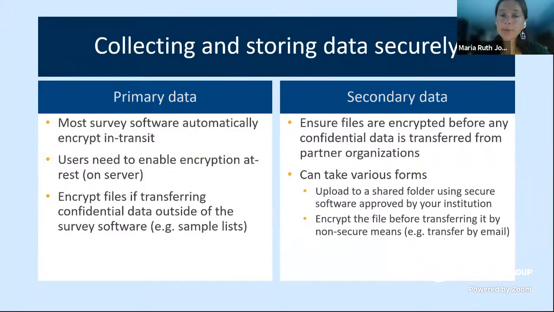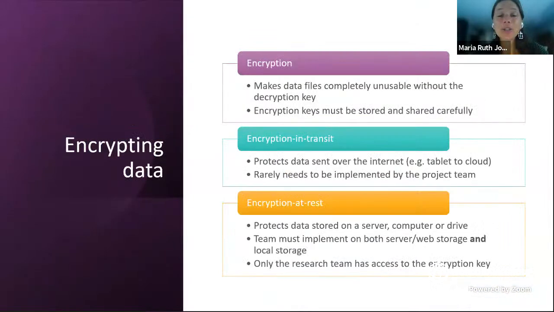Okay. And just another note here, why is this important, right? Encryption is a really good tool to protect data that's sensitive for any reason. And the most common reason for data to be sensitive is that it contains personally identifying information.